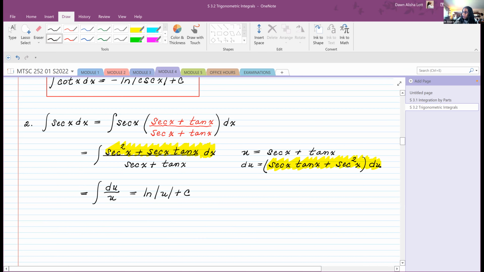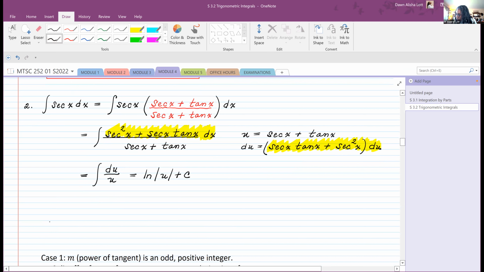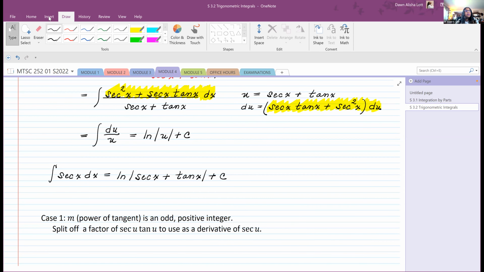And so we now get our formula, the integral of the secant of x dx is the log of the absolute value of the secant of x plus the tangent of x plus a constant. So now we know how to integrate secant to the first power.